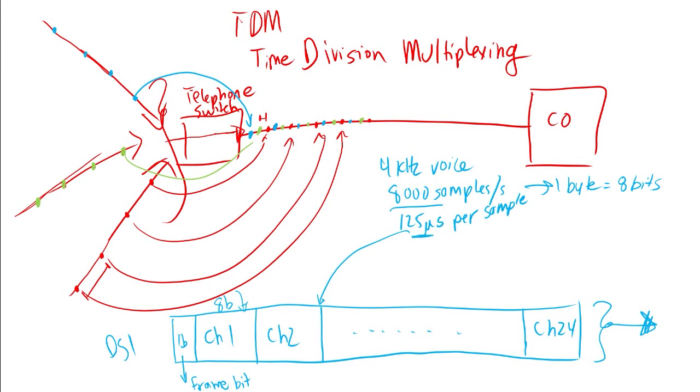Now, here's where it gets interesting, because if I took my 8-bit sample, and I multiply by 24 samples, I also have 1 framing bit.